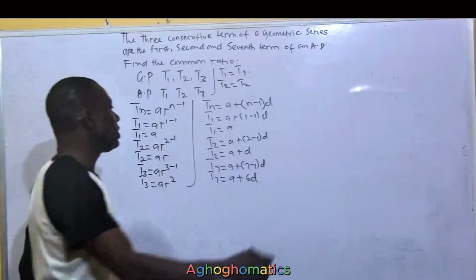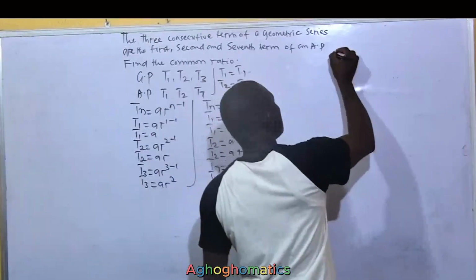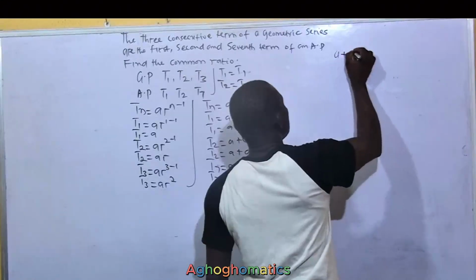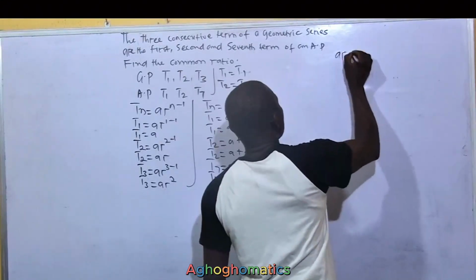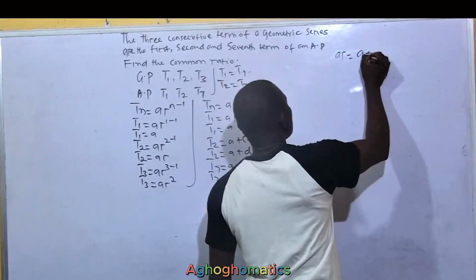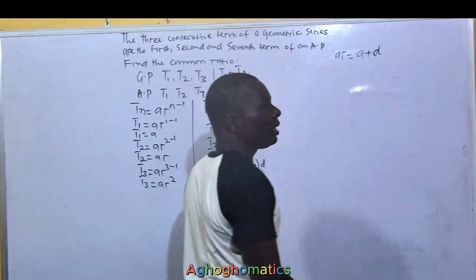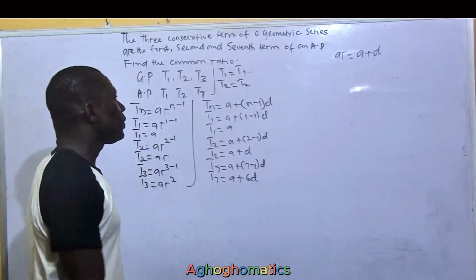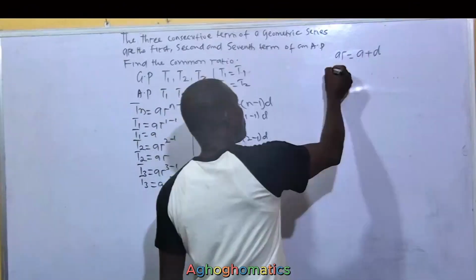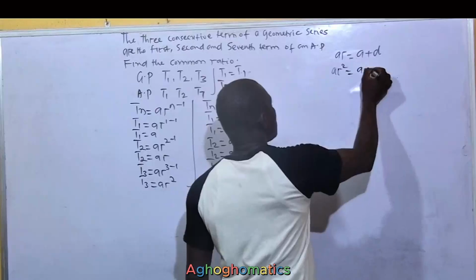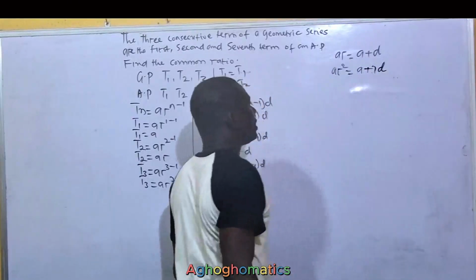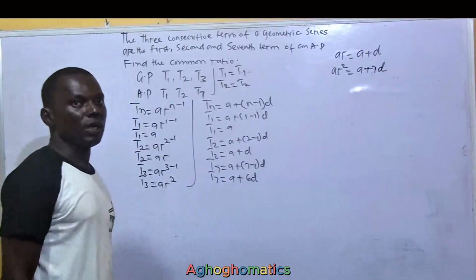So for the second term, this is a plus d, or let's say this is a r for the geometric progression, the same thing as the second term of the AP. So here, the third term of the geometric progression, which is a r squared, is the same thing as the seventh term of the arithmetic progression.